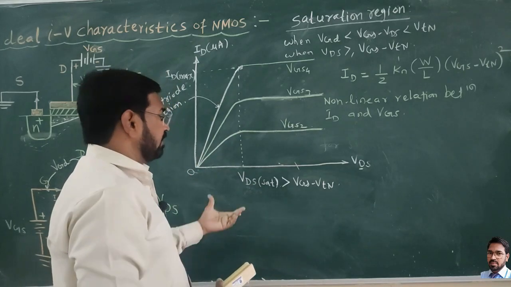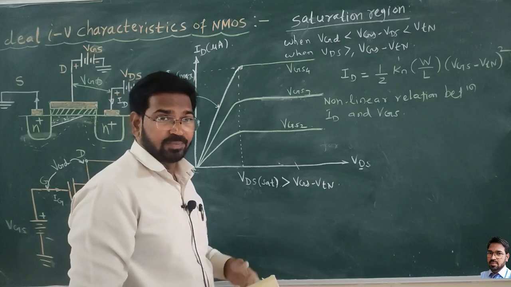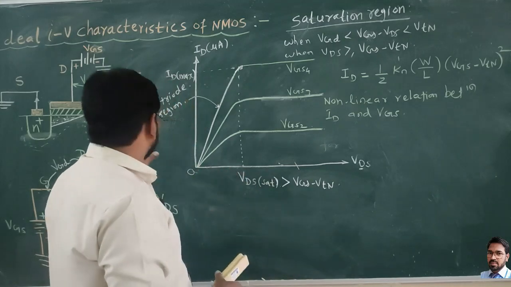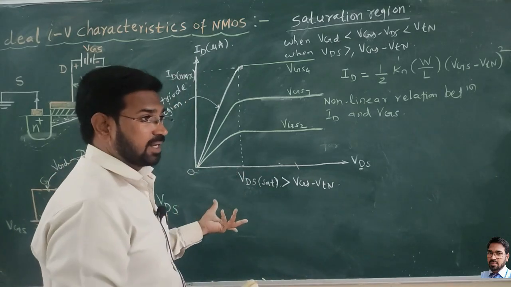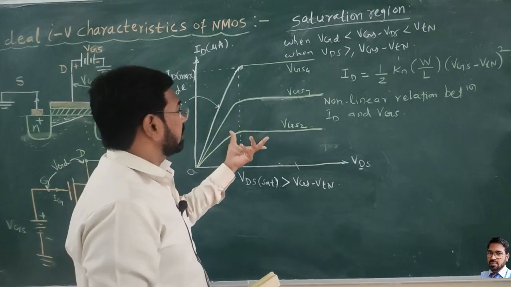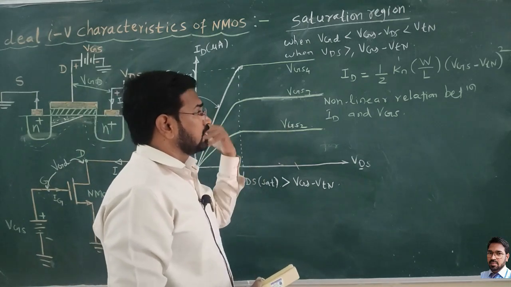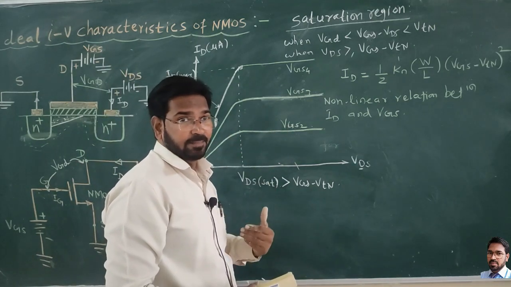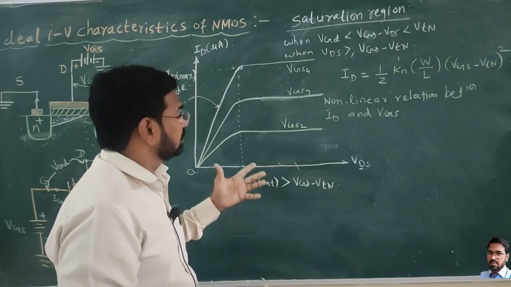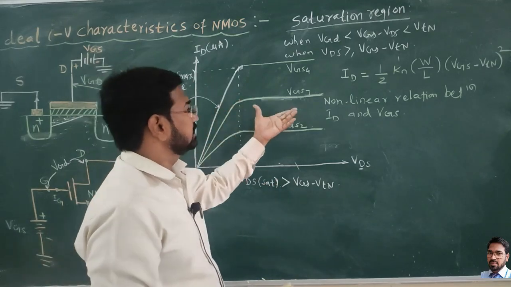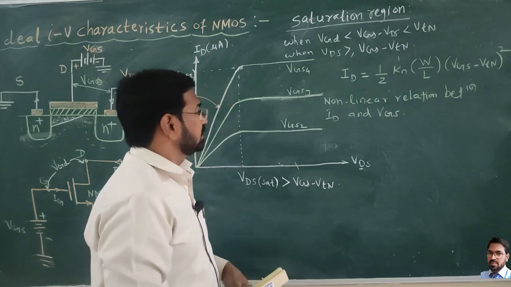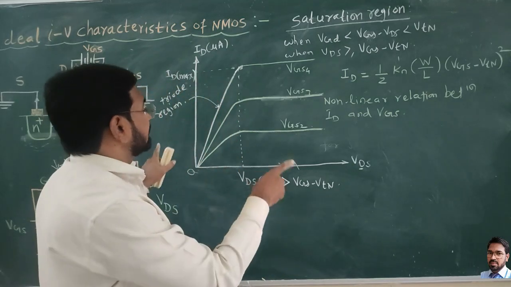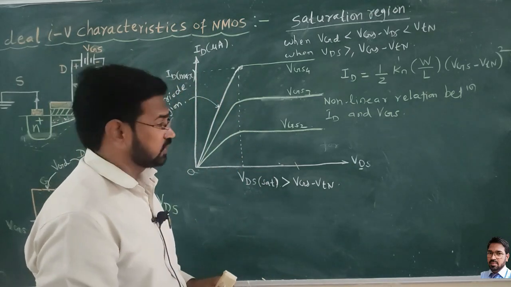When the amplifier circuit is designed, input swings will be there, AC is applied, and we want the device to respond to the swing at the gate, that is, the AC changes should produce a corresponding change in the output current. So this is the saturation region of the transistor.